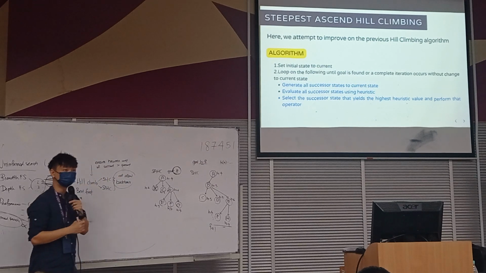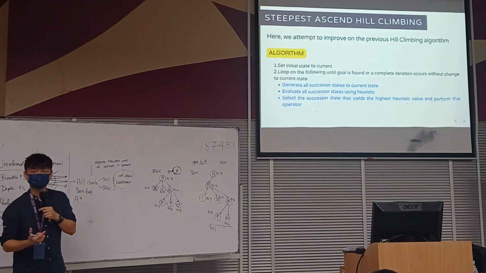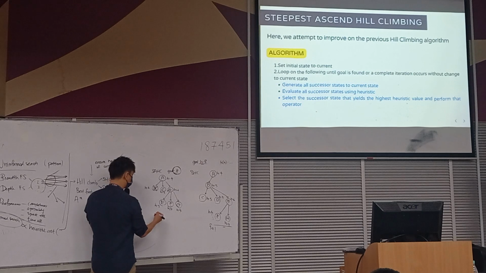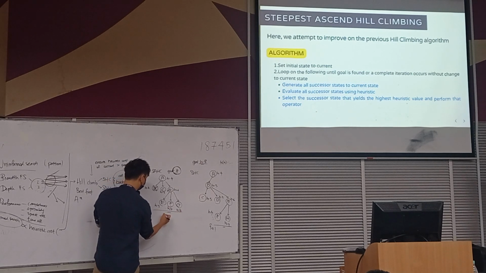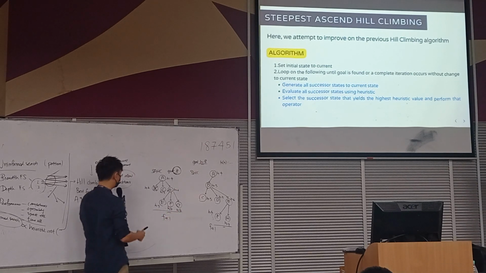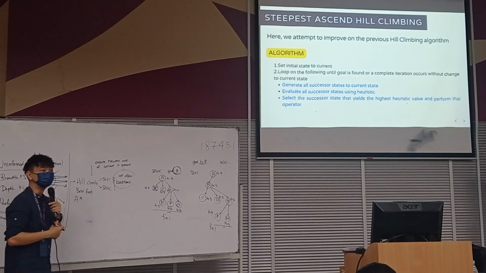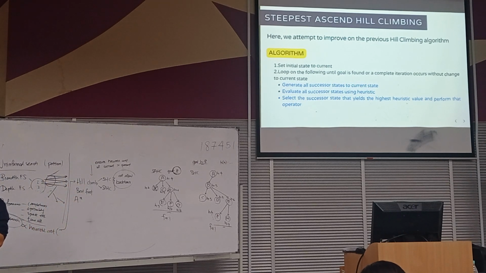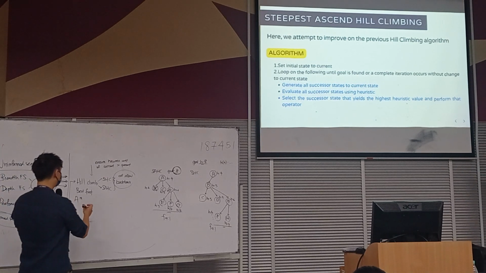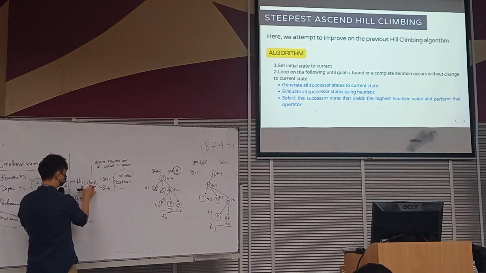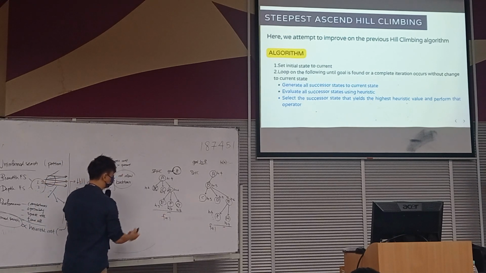Which one is better than D? None, right? If none, what happens? Stop. Fail. Why? It's not allowed to backtrack. That is the nature of hill climb. That's why hill climb is not always a good search, because it may lead you to failed solutions.